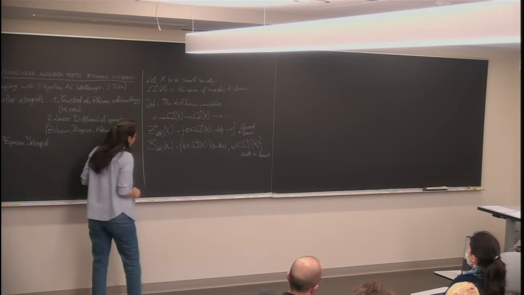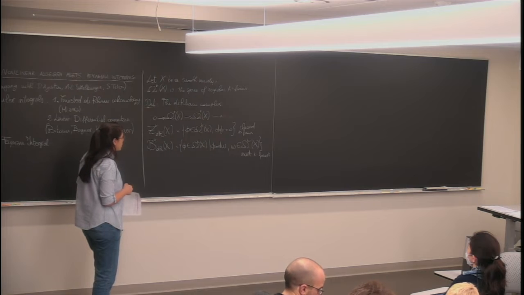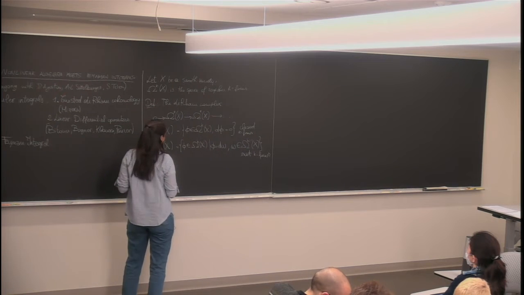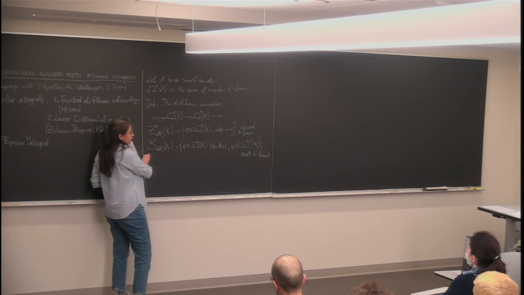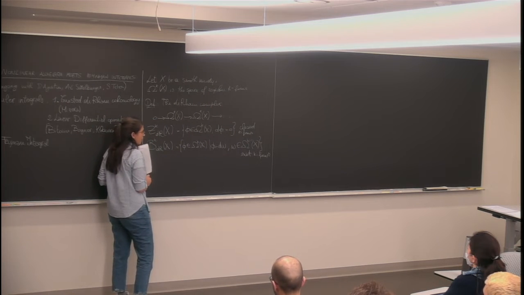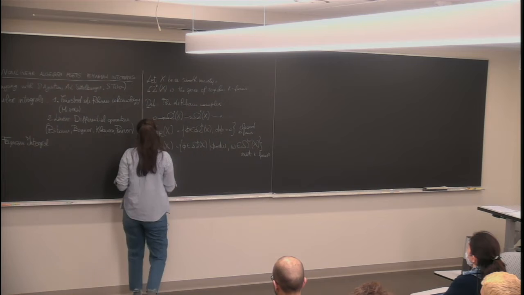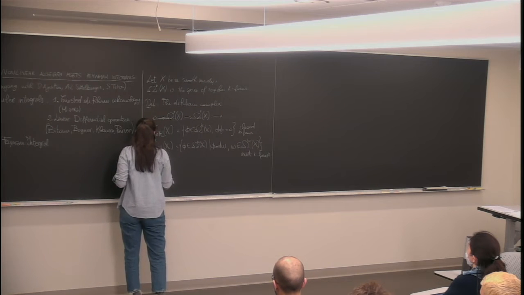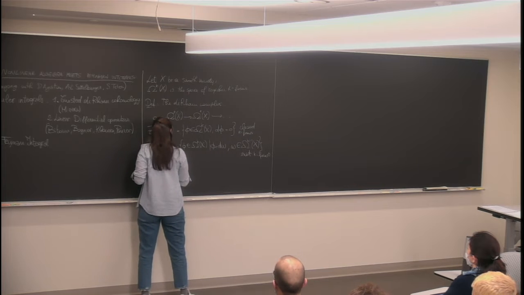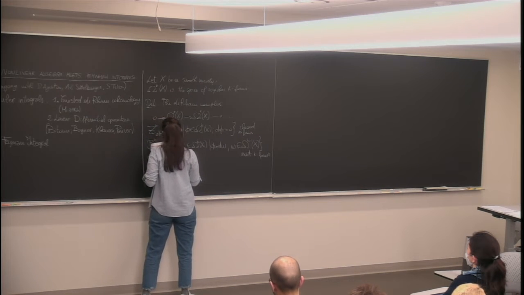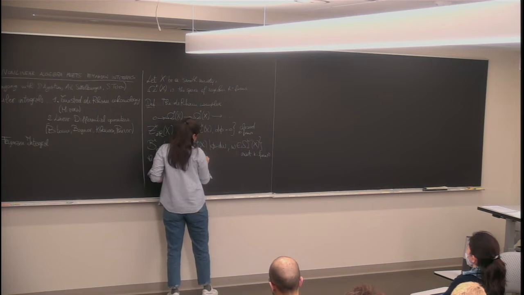And since applying the differential twice gives us 0, this tells us that the exact k-forms in particular are contained in the closed k-forms, and this is what gives us a way to define the kth de Rham cohomology group.